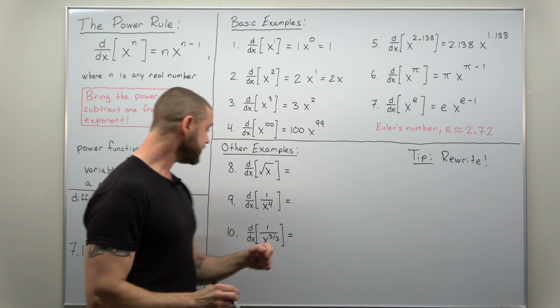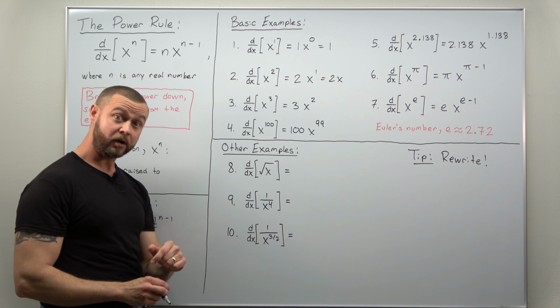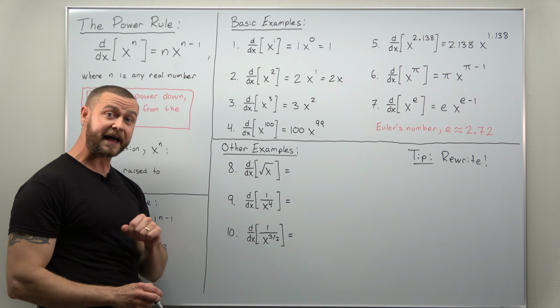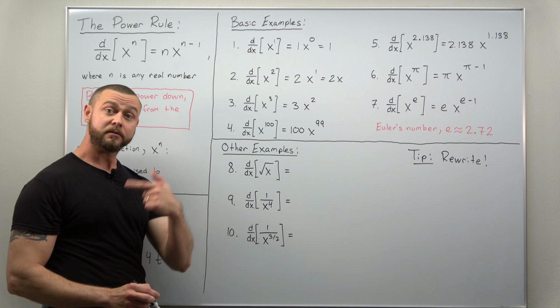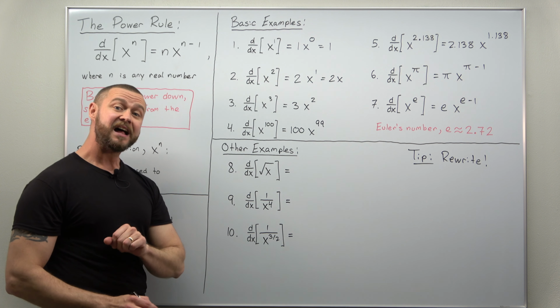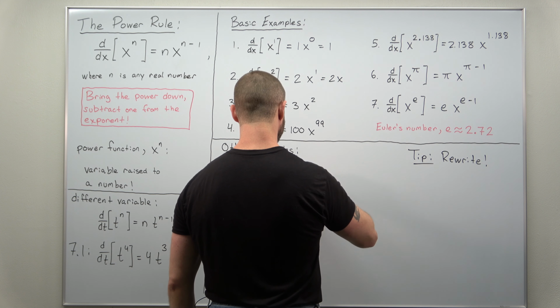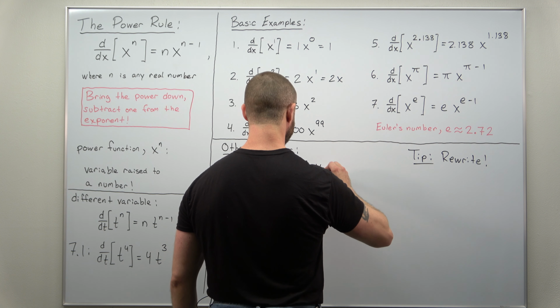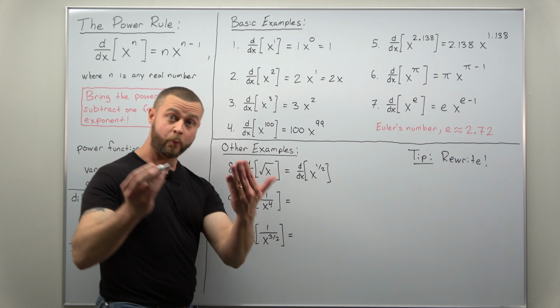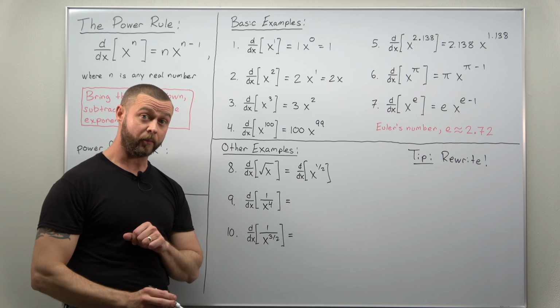In other words, rewrite your function before you differentiate. And if we keep that in mind here, for this next example, differentiating the square root of x, we can rewrite square root of x as x to the 1/2 power. And at that point, we can now apply the power rule.